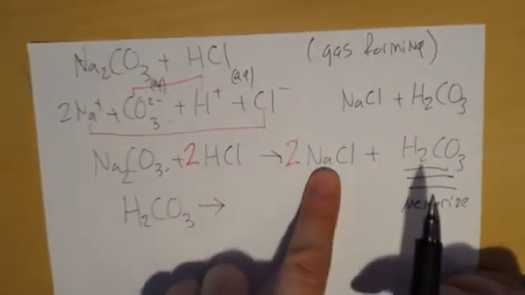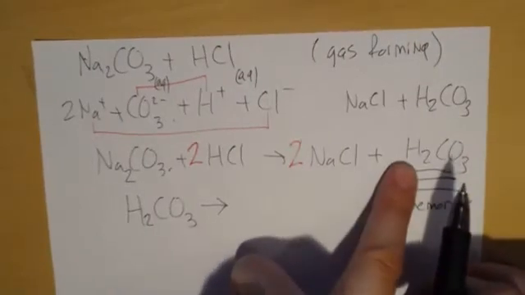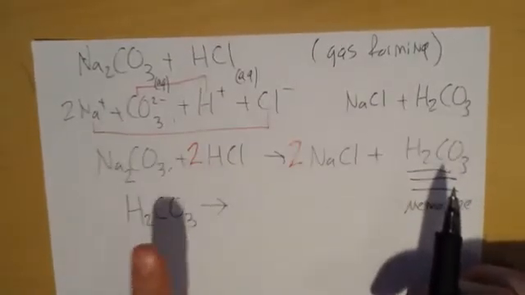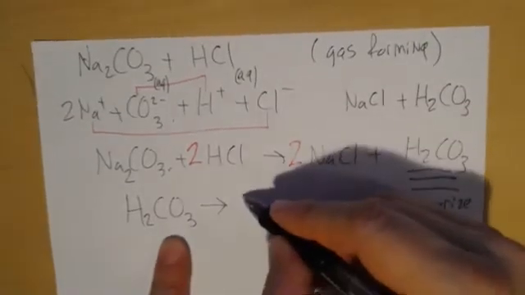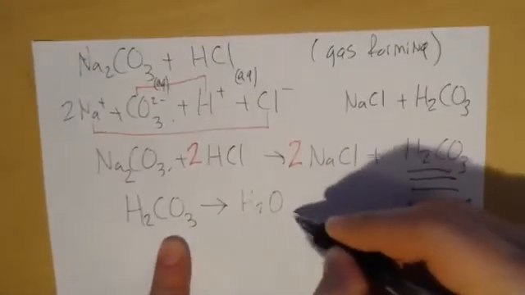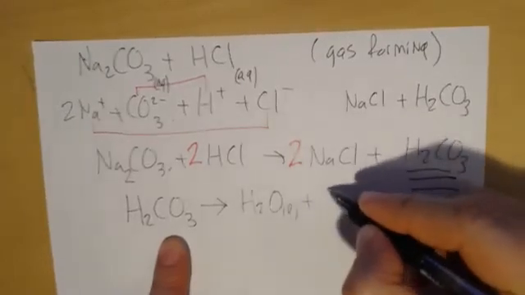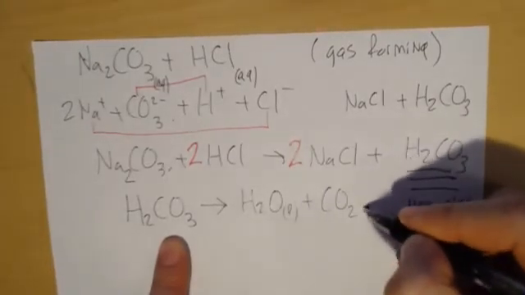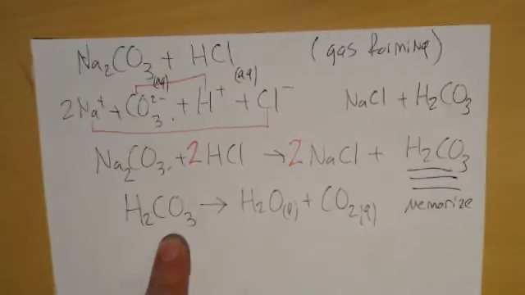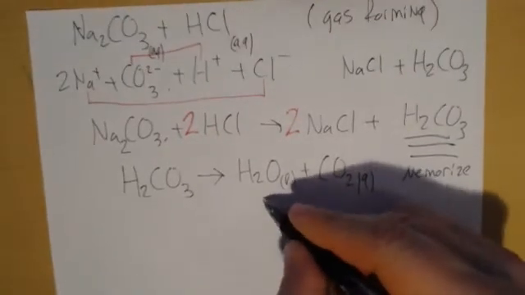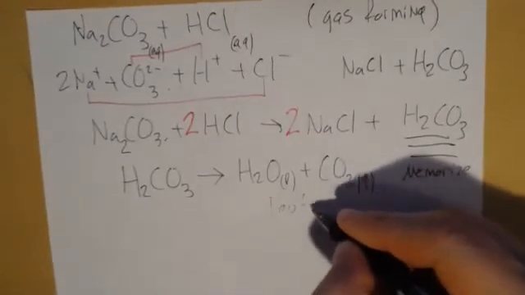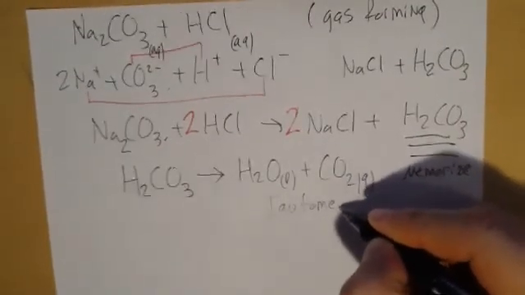I'm going to form sodium chloride and carbonic acid. But a billionth of a second later, the carbonic acid is going to go to H2O liquid plus CO2 gas. This is a special reaction. It's called a tautomerization.